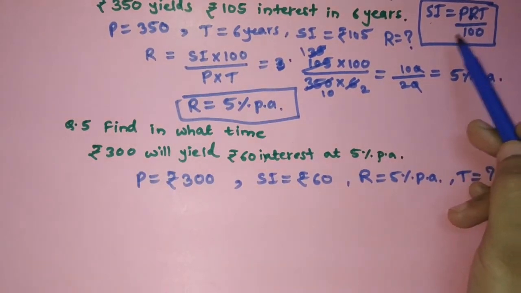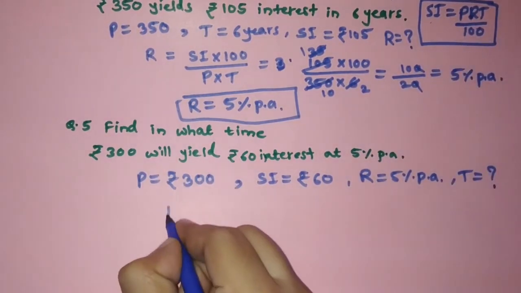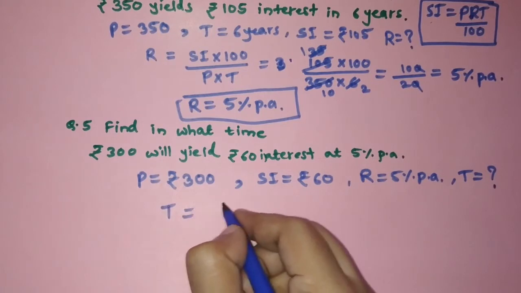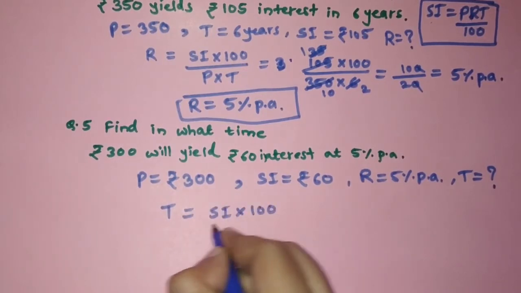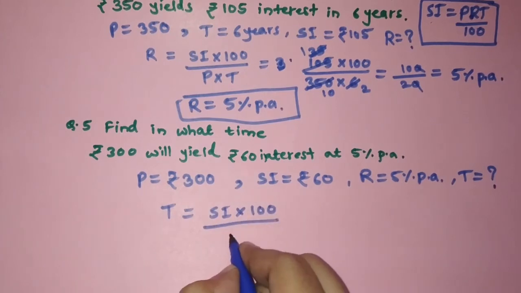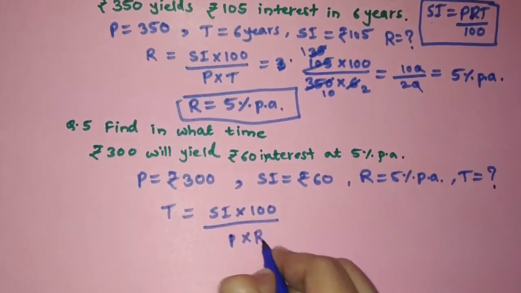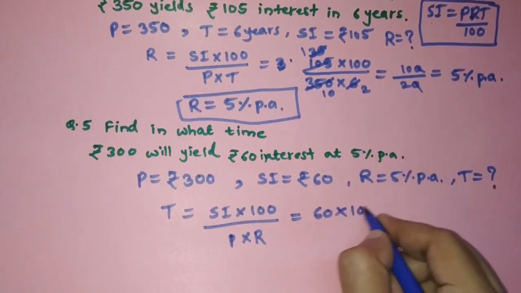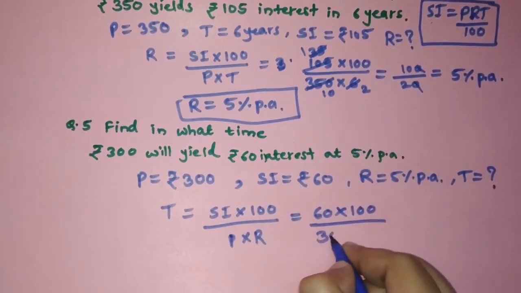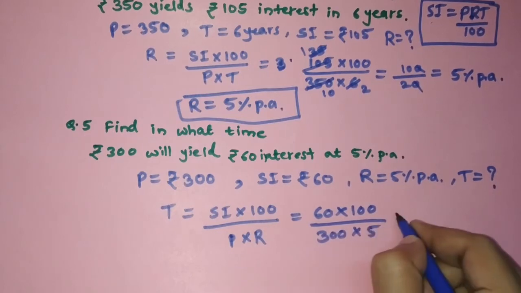So we have this formula, we can alter it. T is equal to simple interest multiplied by 100 divided by P into R. So the simple interest earned in this case is 60 and the principal is 300 multiplied by 5.